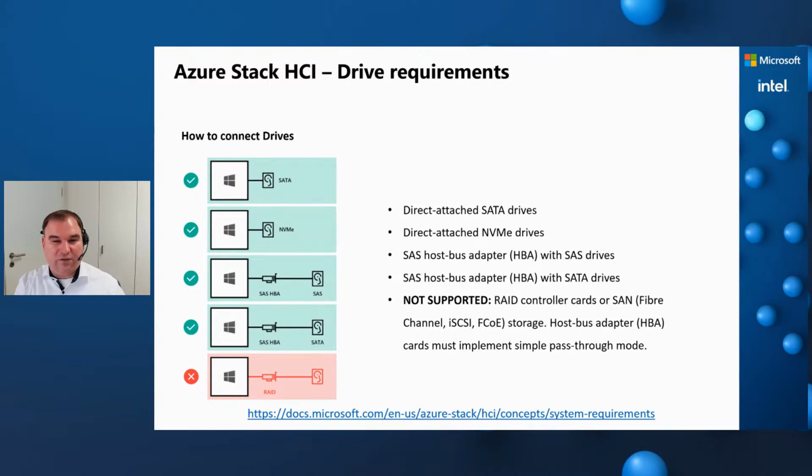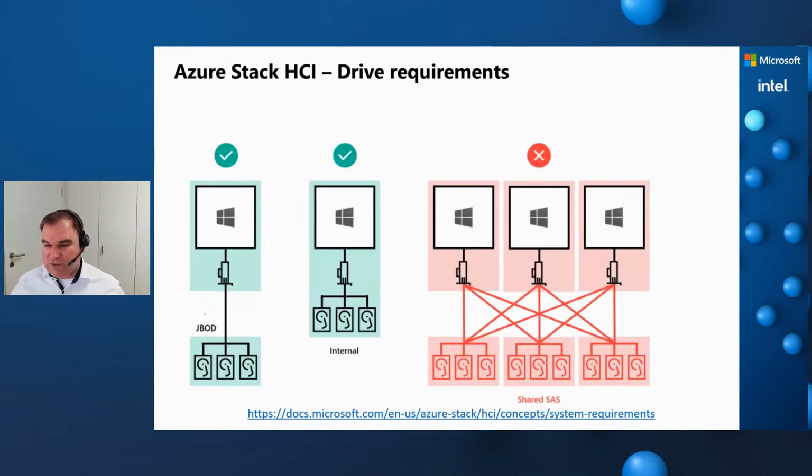Typically, these drives are located inside the industry standard server chassis. It's possible to use JBODs, not SAN, not NAS, because there the connectivity is via network. A JBOD is connected via a SAS cable, direct attached SAS cable. And important is, for Storage Spaces Direct, shared SAS is not supported.